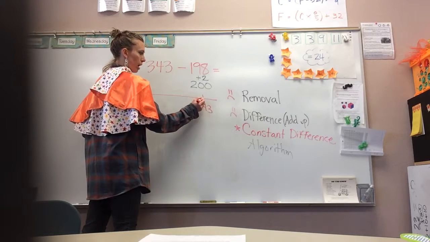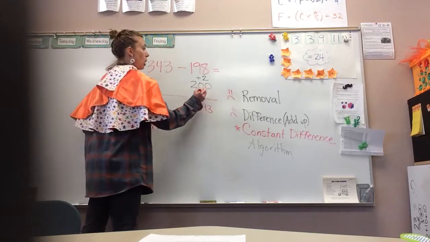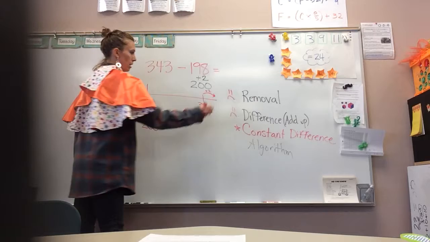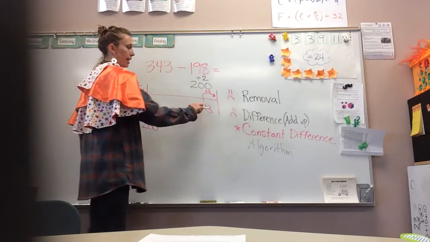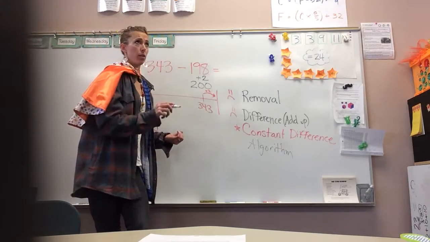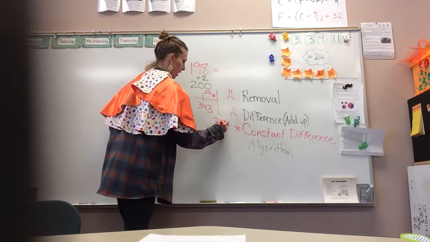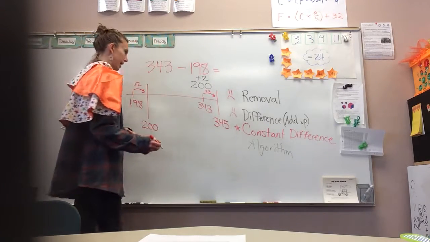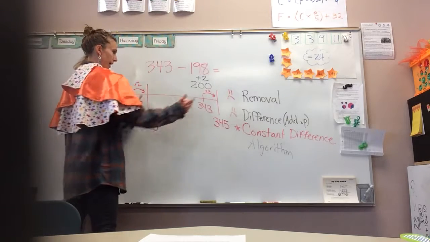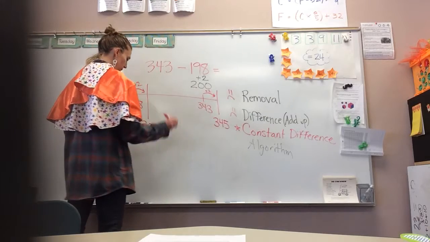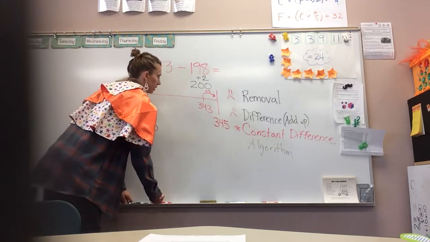I have to move 343 2 over in the same direction. So if I do that, I will land at 343 plus 2, which is 345.